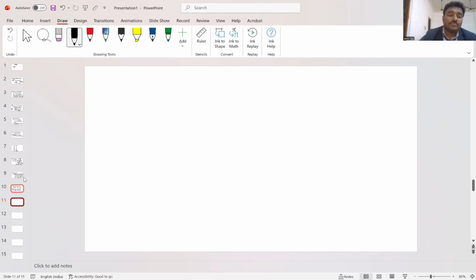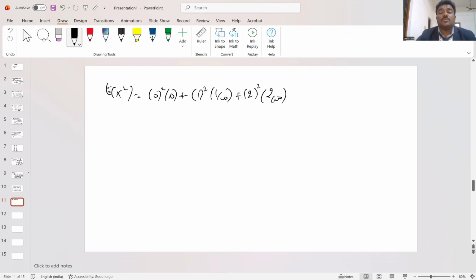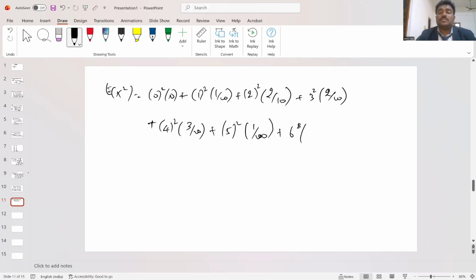So the expectation of x square is 0 square into 0, plus 1 square into k, which is 1 by 10, 2 square into 2 by 10, plus 3 square into 2 by 10, plus 4 square into 3 by 10, 5 square into k square, which is 1 by 100, 6 square into 2k square, right?